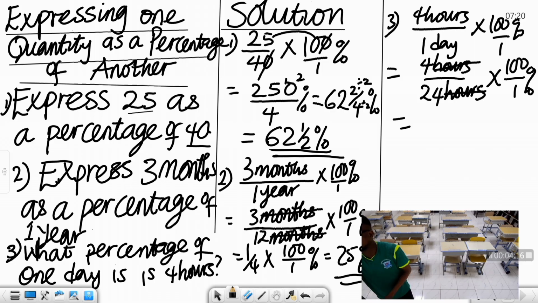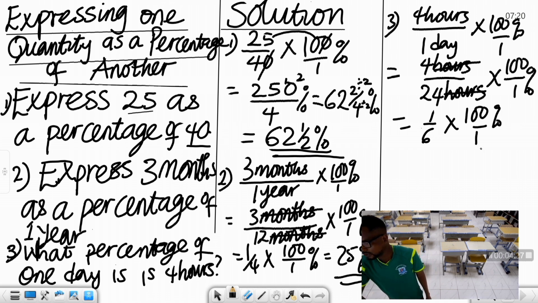So 4 over 24 is the same thing as 1 over 6. Multiply by 100 over 1%. 2 can go here 3, and 2 will go here 50.